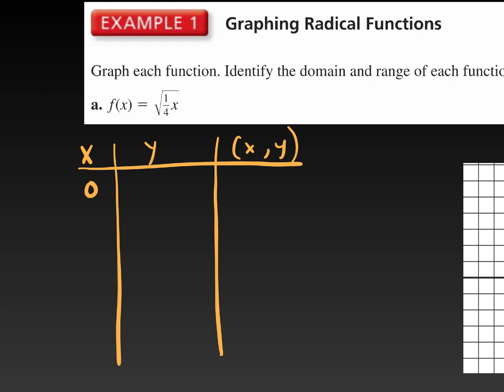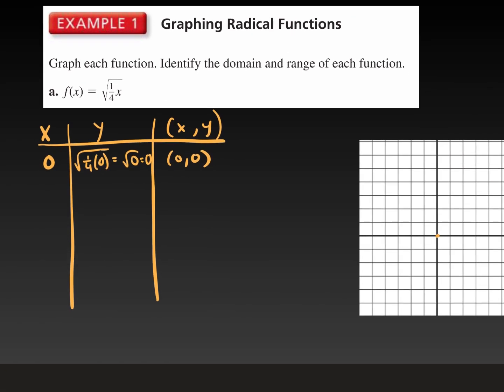Awesome. So I have the square root of 1/4 times 0. What's 1/4 times 0? 0. And what's the square root of 0? 0. So I plugged in 0 and got 0. So my first point is going to be at 0, 0.